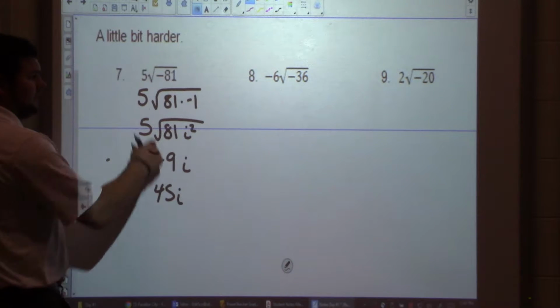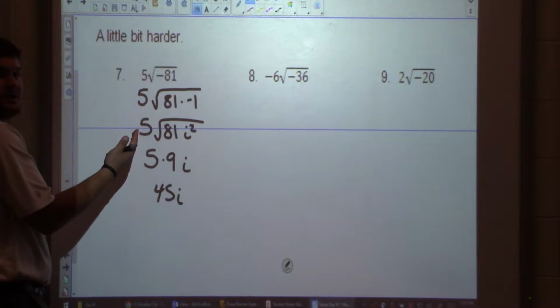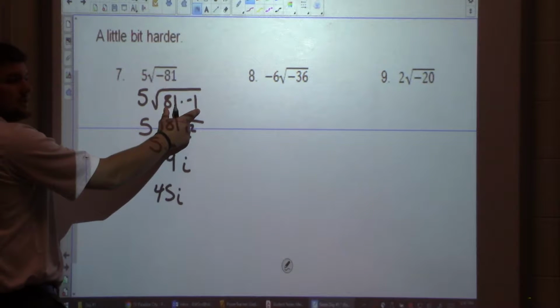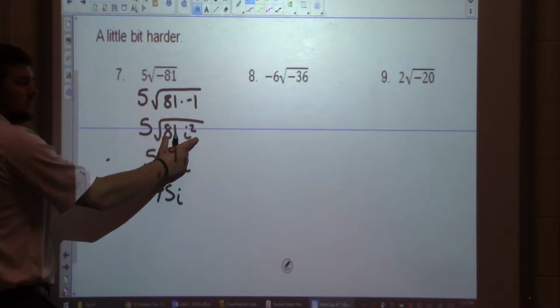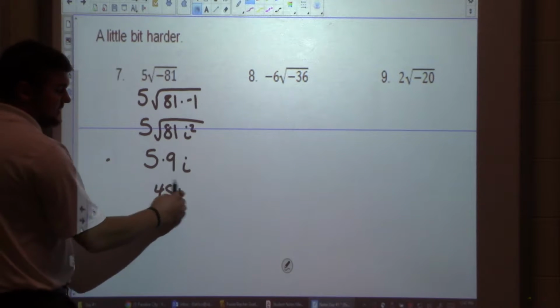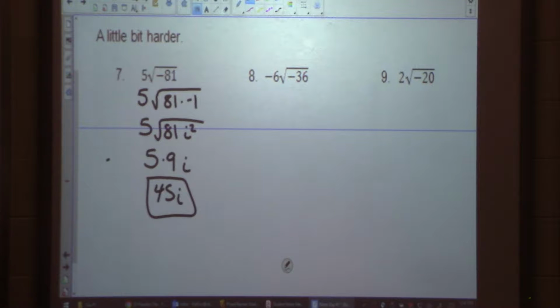Perfect. Good job, Jared. Guys, we're going to leave that 5 alone until we're ready to use it. Do the square root of negative 81. Same as 81 times negative 1. Same as 81 times i squared. Would equal 9i. 5 times 9 would be 45i.